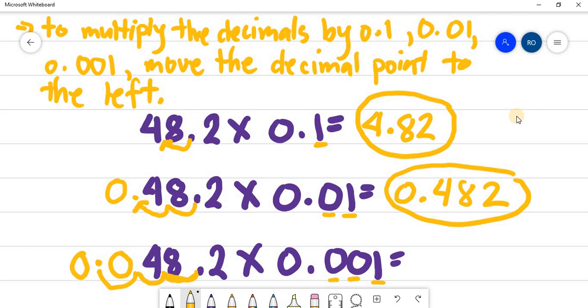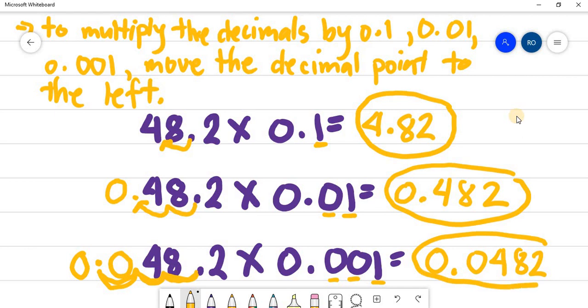Again, 1, 2, 3. So our answer is 0.0482, or 482 ten-thousandths. So this is our final product.